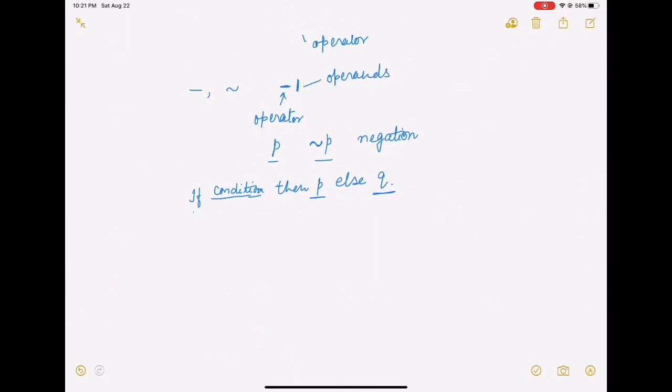What are they? If, then, and else. These come in the category of operator. If operates on the condition, then operates on P, and else operates on Q. The condition, P and Q are the operands on which these three operators, if, then, and else, operate.